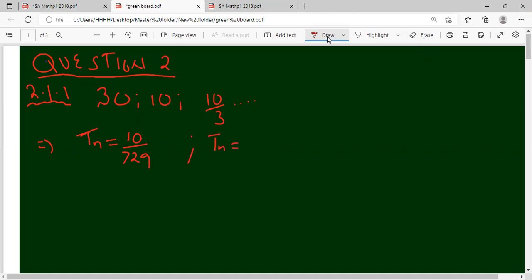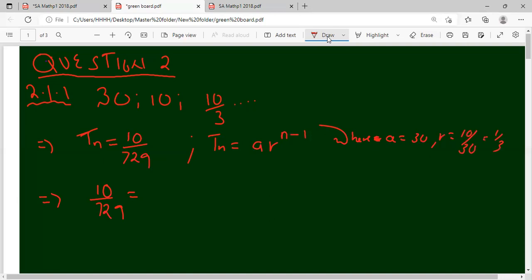I'm going to use the general formula, which is first term multiplied by common ratio to the power n minus 1. So this implies that Tn, which is 10 over 729, should be equal to our first term, where A is equal to 30, and our common ratio is equal to 10 over 30, which is 1 over 3.